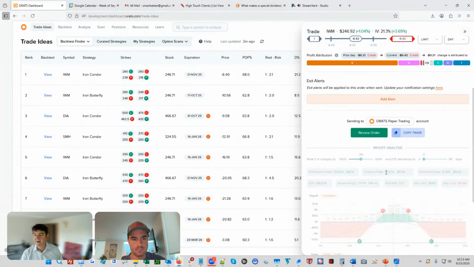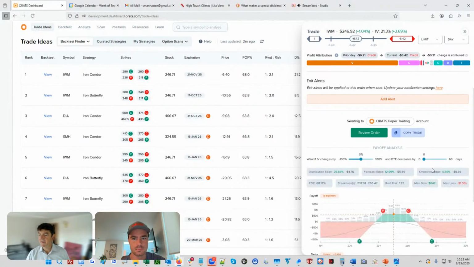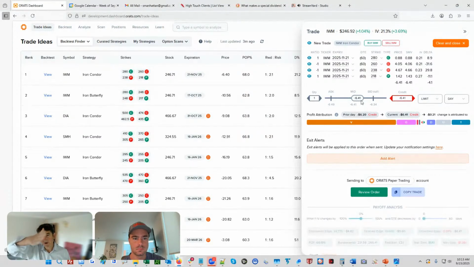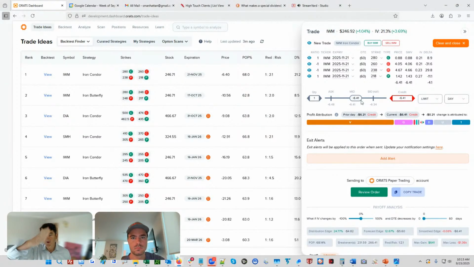We calculate a forecast edge, but then the smooth edge is usually right near the market. The smooth market is right near the mid market price, because we draw a smooth line through all the strikes, so that's usually going to be close.